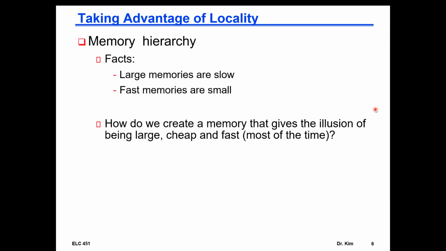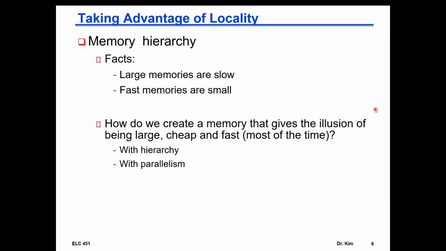Also, another dimension is that I want low cost. Large memories are slow and they're also inexpensive. Fast memories need to be small, but they are very expensive compared to the large ones.